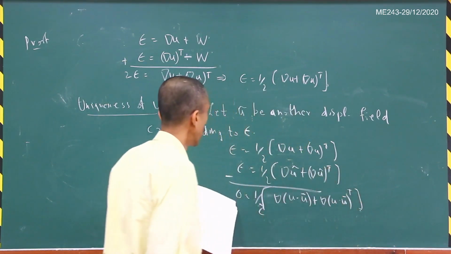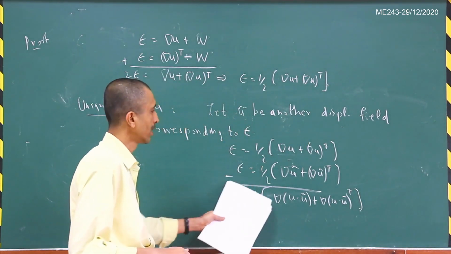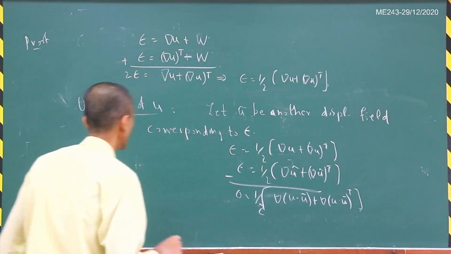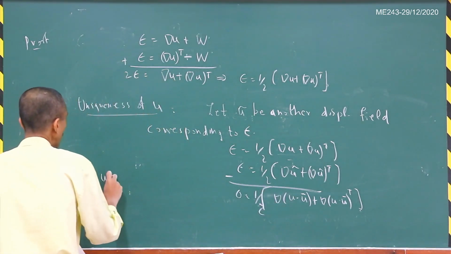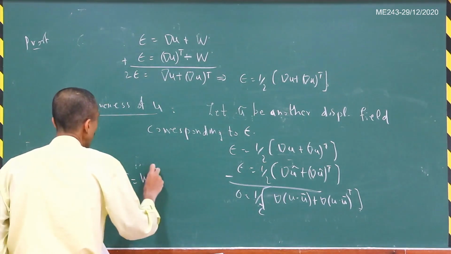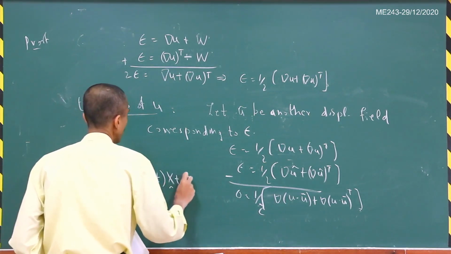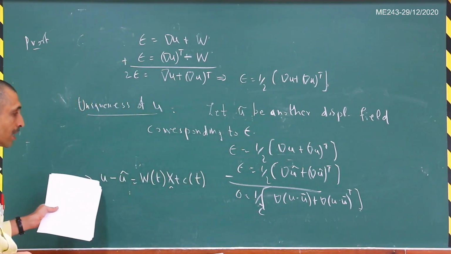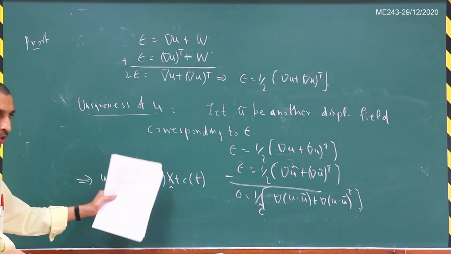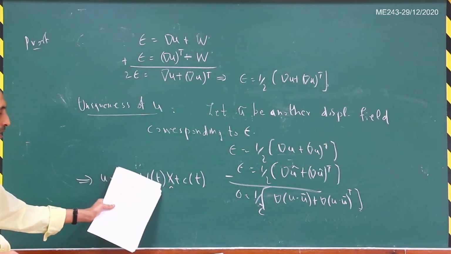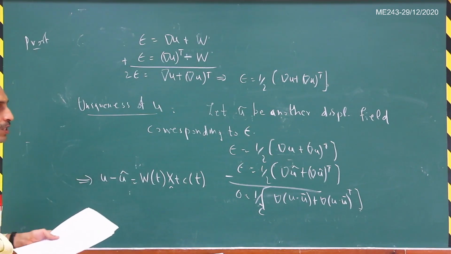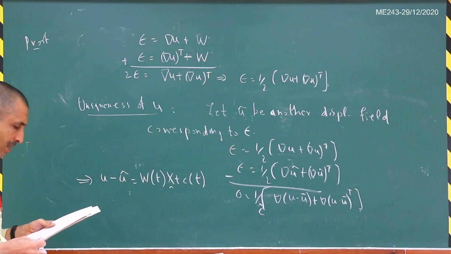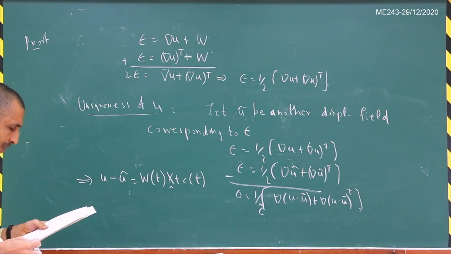Corresponding to a zero strain, this has to be a linearized rigid displacement, right? So this implies that u minus u tilde is equal to w of t times x plus c of t. That's what I said, that the displacement is unique up to a linearized rigid displacement. If you suppress the rigid displacement, then the displacement solution will also be unique. So let us summarize the whole situation here.